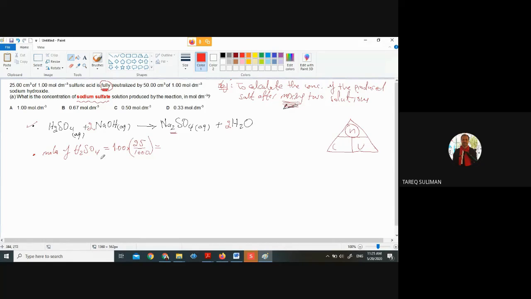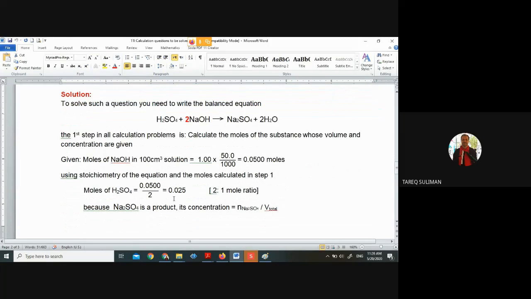If you calculate the number of moles of H2SO4, it will be what? Yes, help me. Anyway, you need to check the limiting and excess. What would be the number of moles of H2SO4? Here, I have calculated it. Moles of H2SO4 is 0.025. Okay?